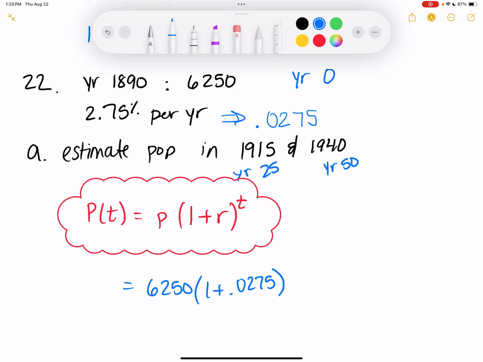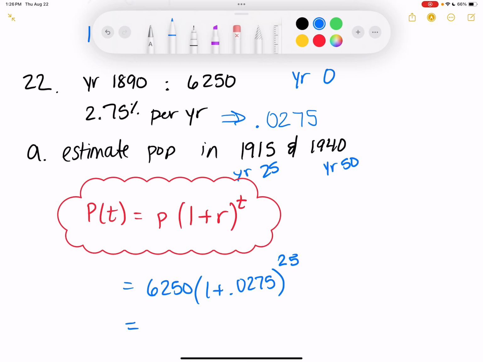Raised to the T, so we're going to call that 25 for the first one. Y'all can find that. How far do we round?